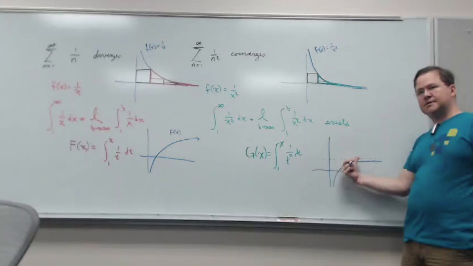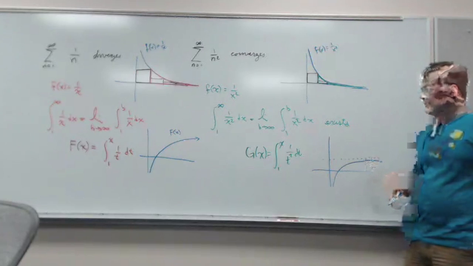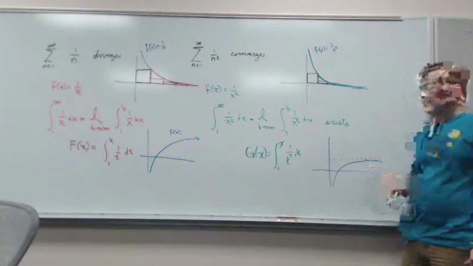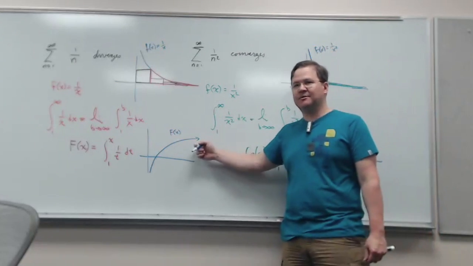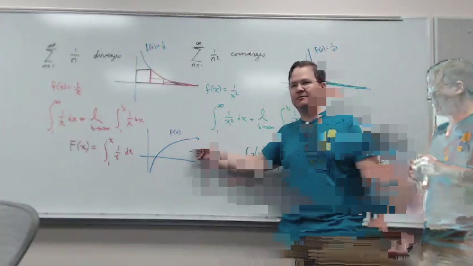And that is where it converges. This other one doesn't have an asymptote. It diverges. Because this doesn't have an asymptote, it diverges. That's good enough.